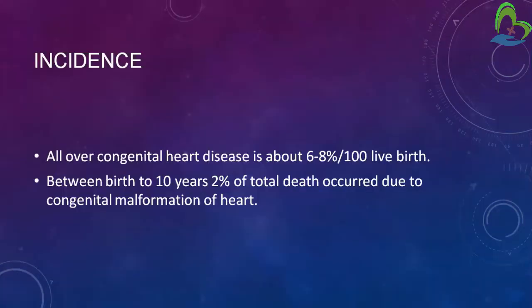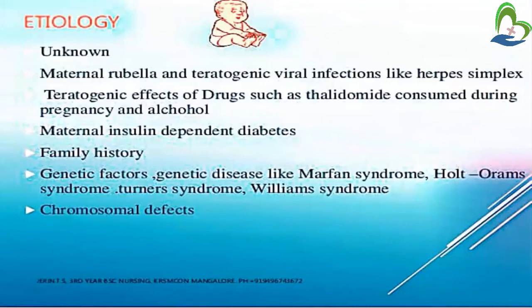The incidence of congenital heart disease is about 6 to 8% per 100 live births, and between birth and 10 years, 2% of total deaths occur due to congenital malformation of the heart. Now etiology. Etiology means causes. First, there is no exact cause, so it is unknown, but some causes are maternal rubella and teratogenic viral infections like herpes simplex virus.